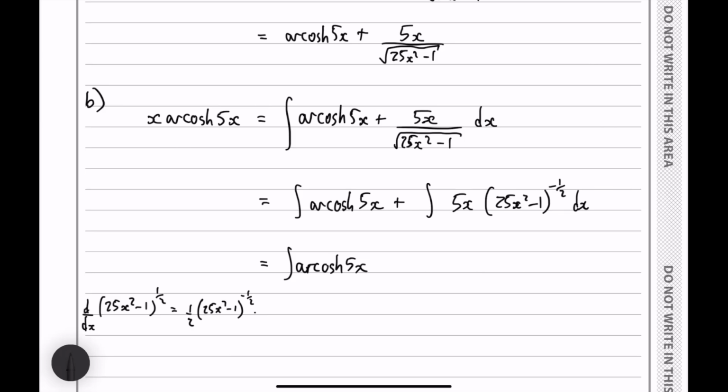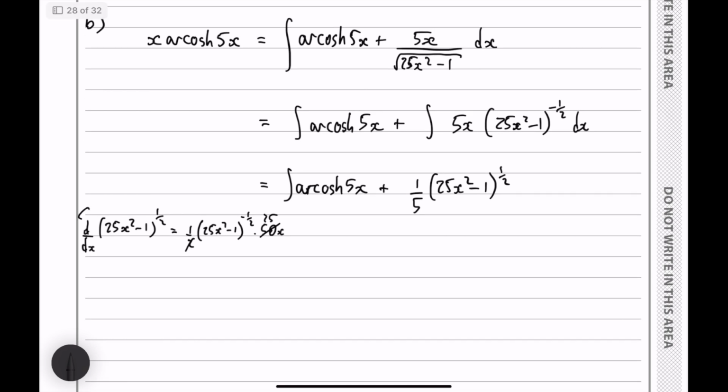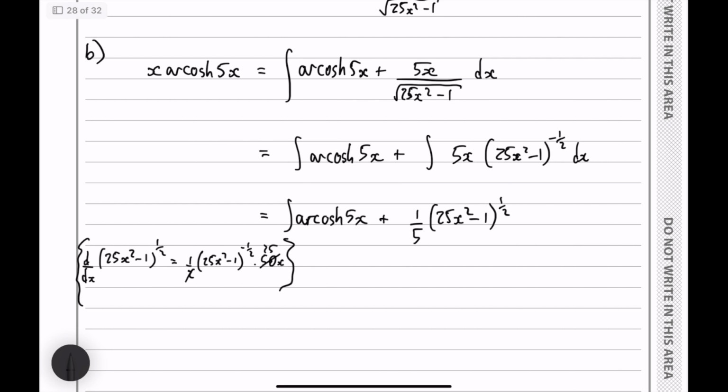And then I would have to multiply by 50x, the derivative of the thing in the brackets. That would cancel, give me 25x, and what I actually want is 5x. So I want 1/5 of this. So that would be 1/5 of 25x squared minus 1 to the power half. Put that in squiggly brackets as an explanation.